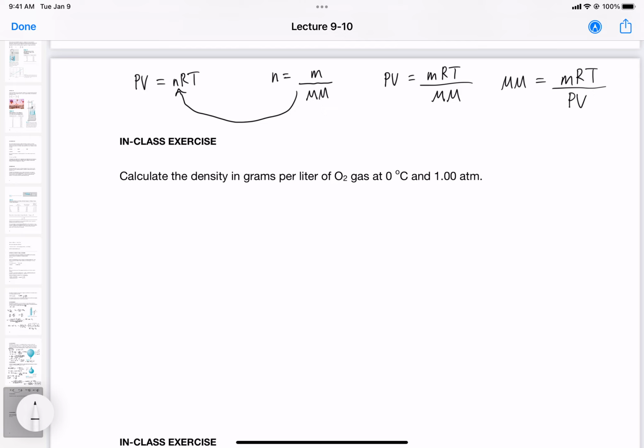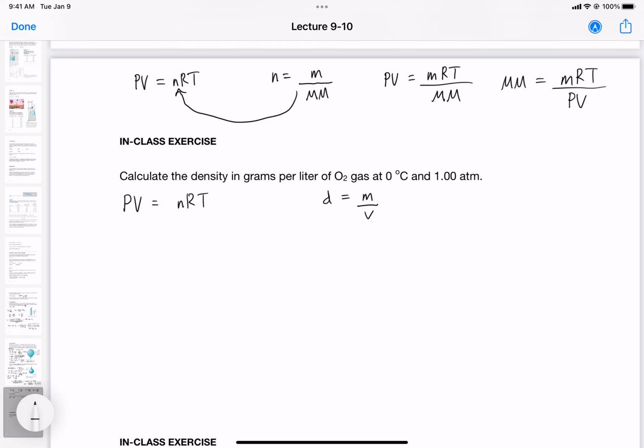So we have PV equals nRT. You can actually rearrange the equation to solve for density directly. So we know density is mass over volume.